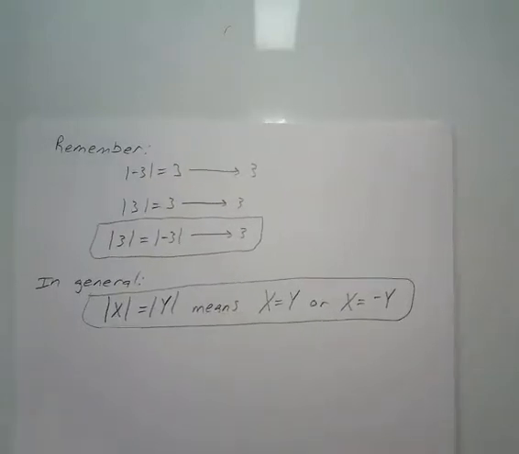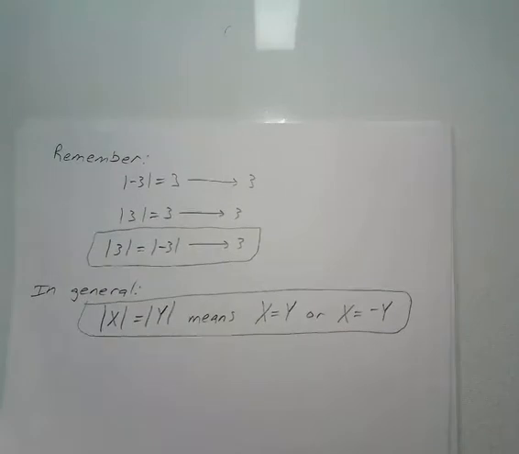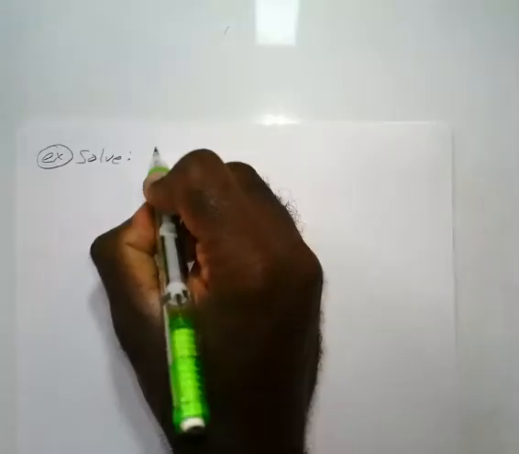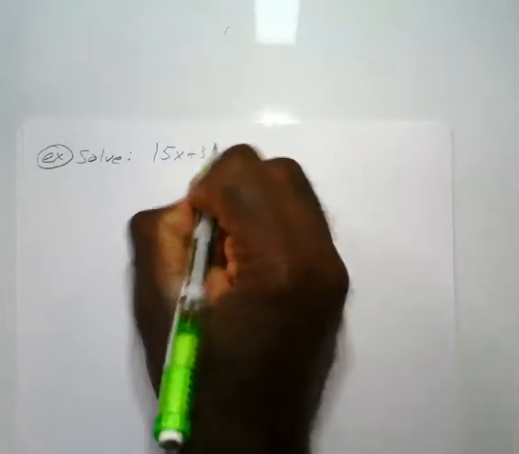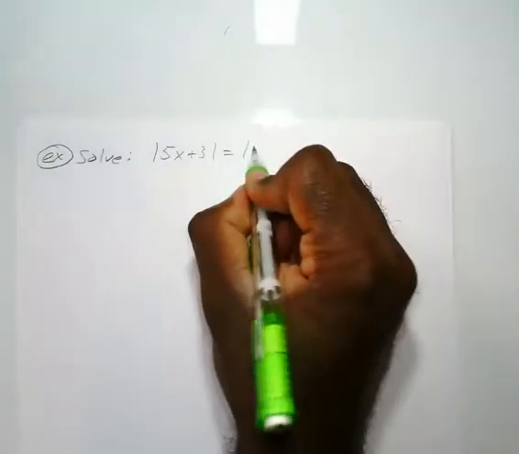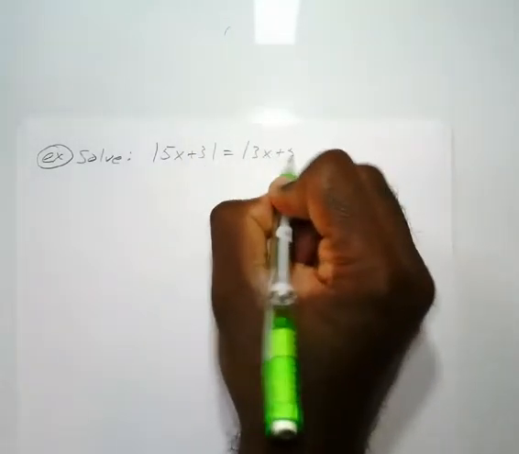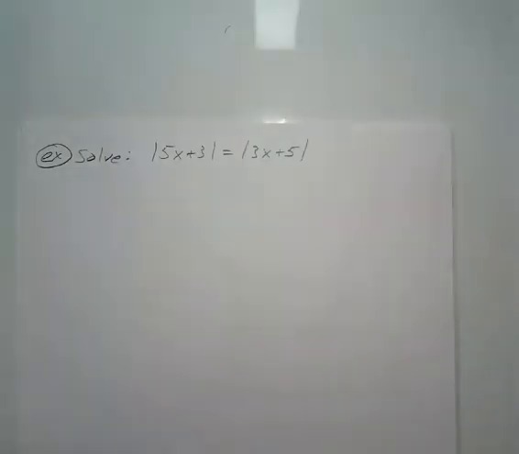Okay, so let's go to our example on this one. So let's say we wanted to solve the absolute value of 5x plus 3 equals the absolute value of 3x plus 5. Okay, so it's a little bit different.